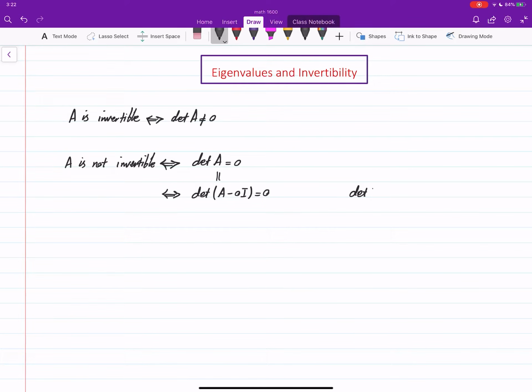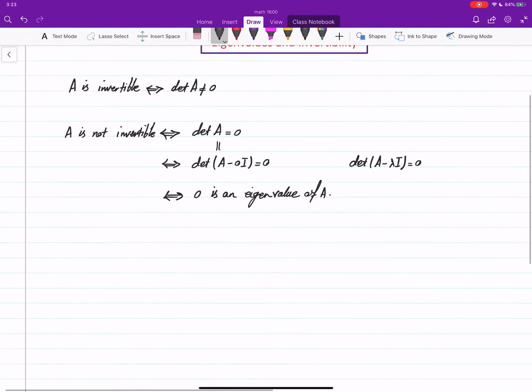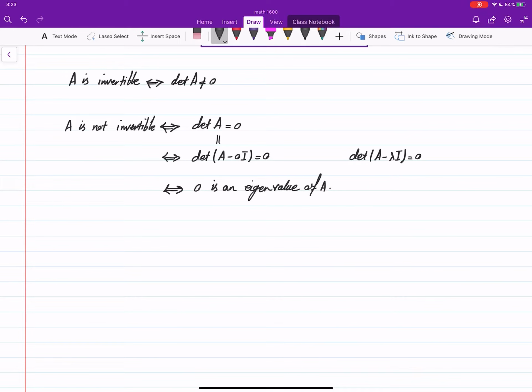But why do I write it that way? Because you see that the determinant of A minus lambda I is what we called the characteristic polynomial. And if you have a number, you plug it in and you get 0, that means that lambda is an eigenvalue of that matrix. So this implies that 0 is an eigenvalue of A. And you see, this is a new condition for invertibility.